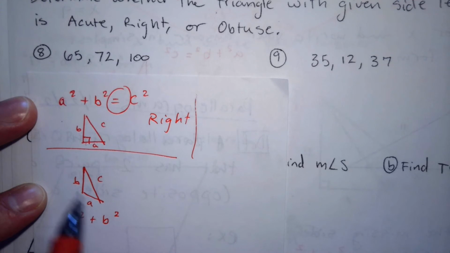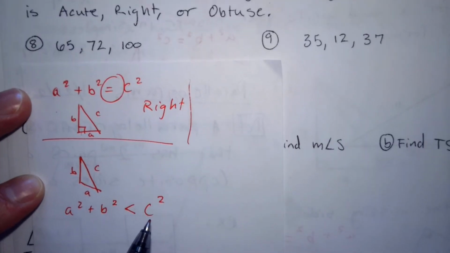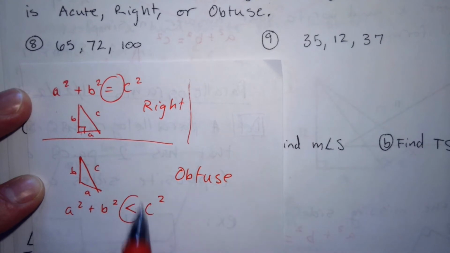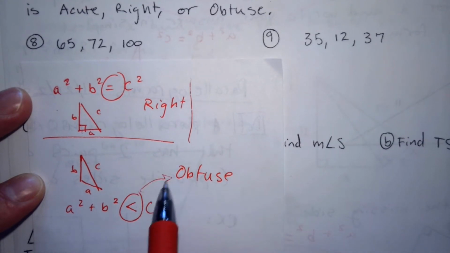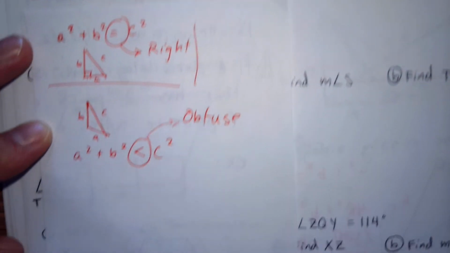If C is longer than the other two, then we would say something like this, C squared, where the open mouth is going towards the C squared. That means the hypotenuse got bigger, and now it's no longer a right triangle, it's obtuse. So that's what you're looking for, obtuse. This is what you're looking for, a right triangle.